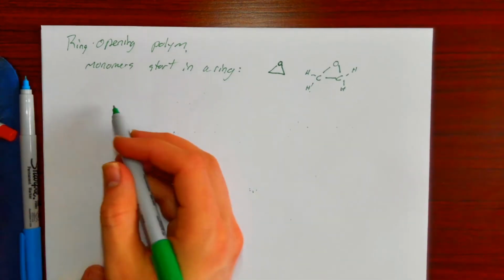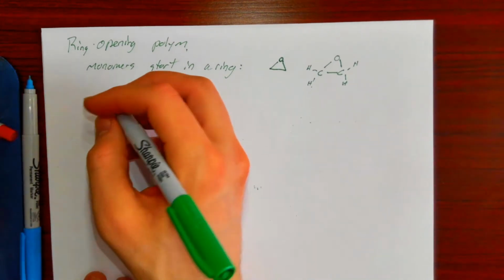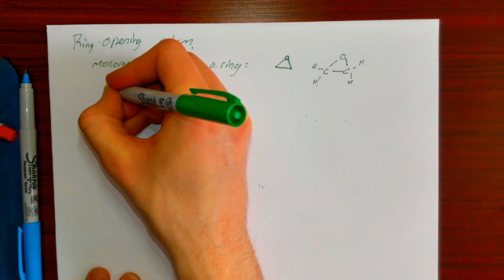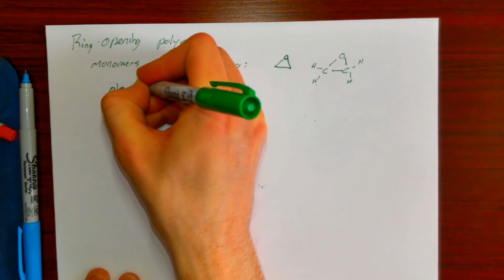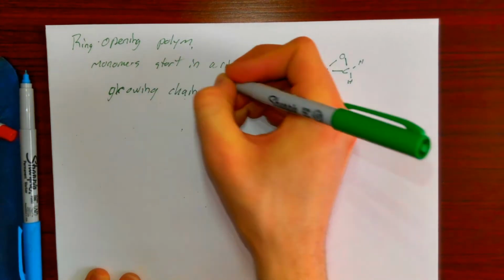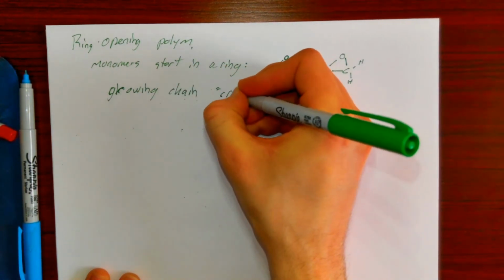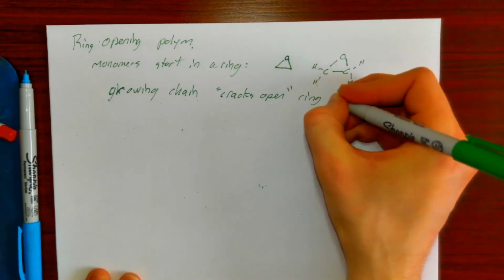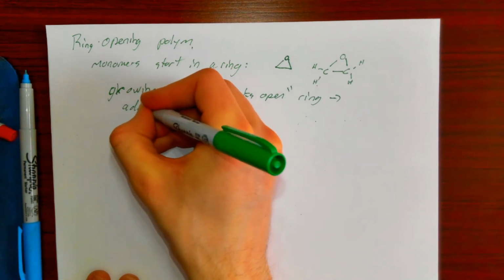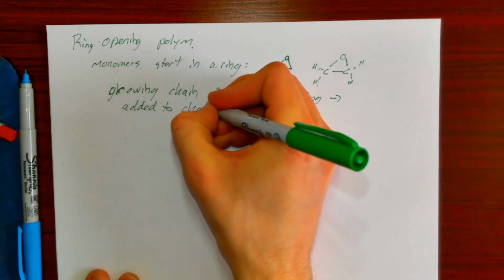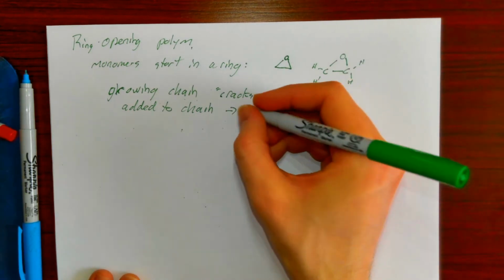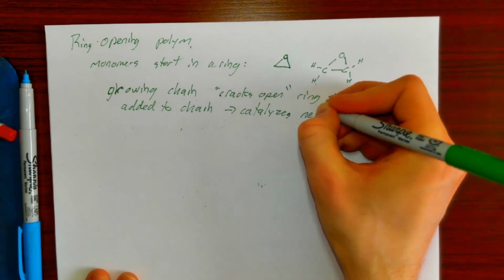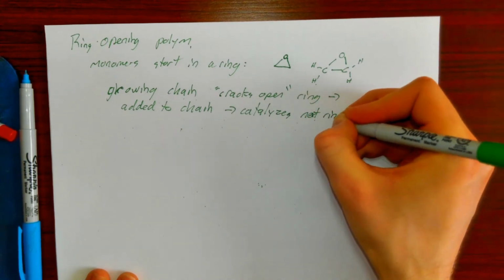And basically what happens is there's some growing chain that cracks open a ring, and it gets added to the chain, and then that catalyzes the next ring to open.